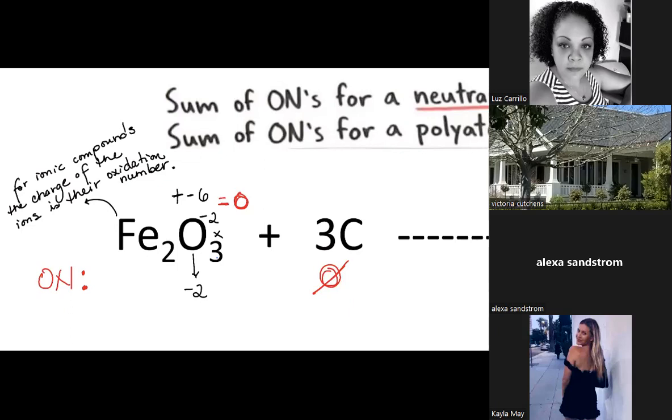So for that instance, we need to say iron has a +3 oxidation number. When we multiply it times the subscript of 2, that's going to be +6. +6, when you add -6, that equals 0. So the oxidation number of iron is going to be +3.